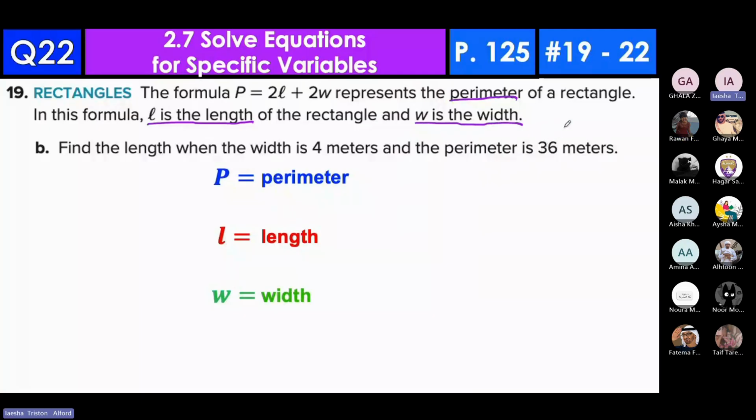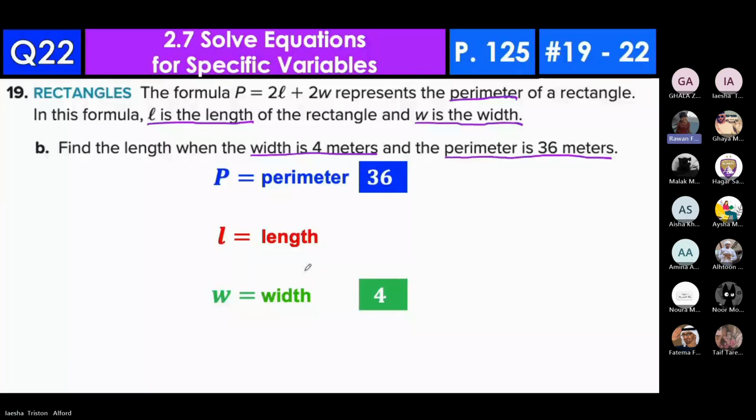Now we need some numbers. Did they give us any number for the perimeter? Yes, 36. Did they give us any number for the width? Yes. Width is 4. Did they give us the length? No. We put question mark.